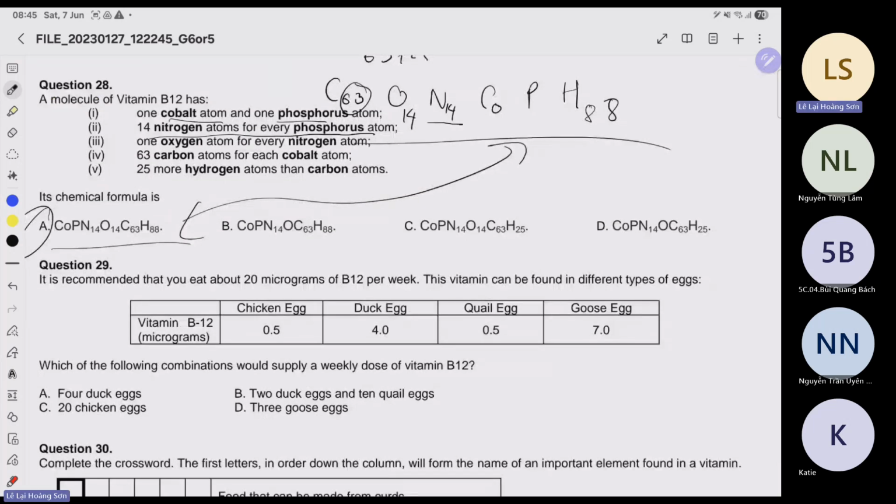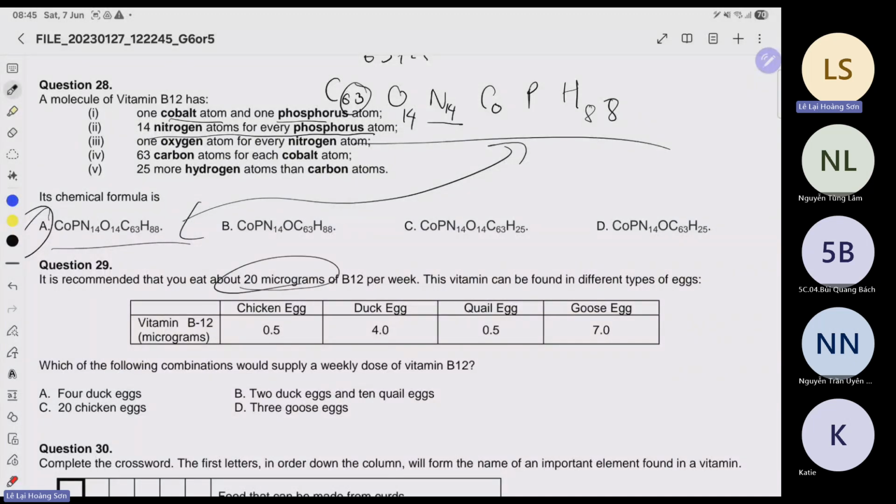20 micrograms of B12 per week. Vitamin B12 can be found in different types of eggs. Which of the following combinations will supply a weekly dose of vitamin B12? A weekly dose will be 20 micrograms, right?